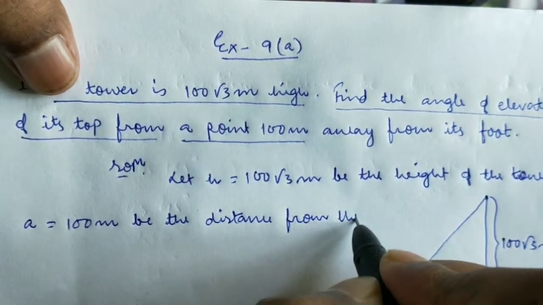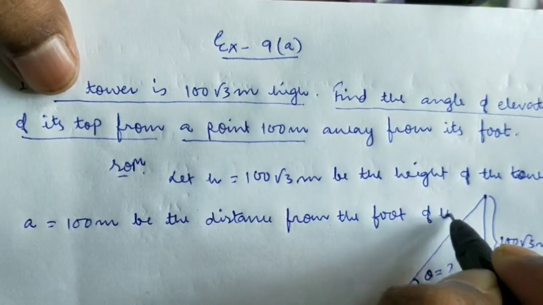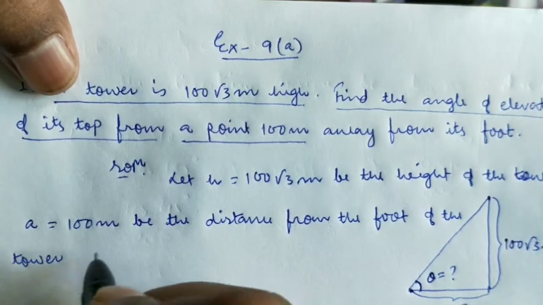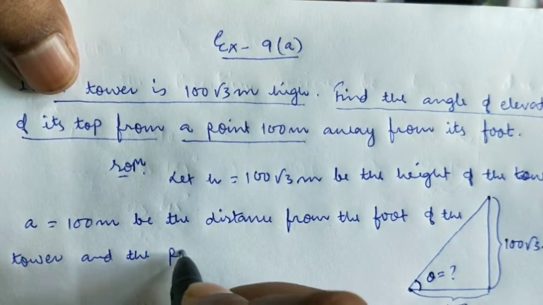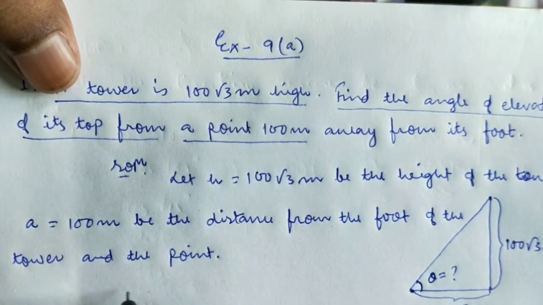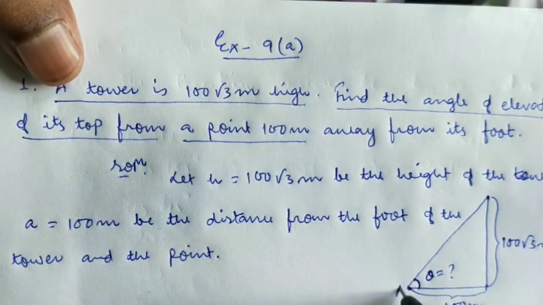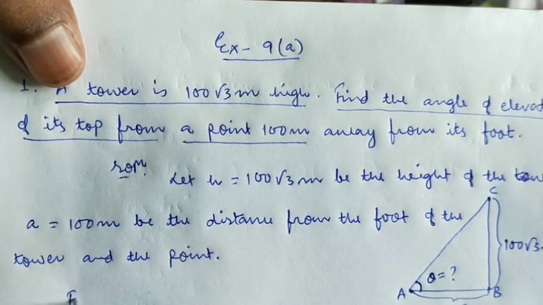Here in the question it's already mentioned that the distance between the point on the ground and the foot of the tower is 100 meter, and here we consider theta as the angle of elevation, the angle from the point on the ground to the top of the tower.